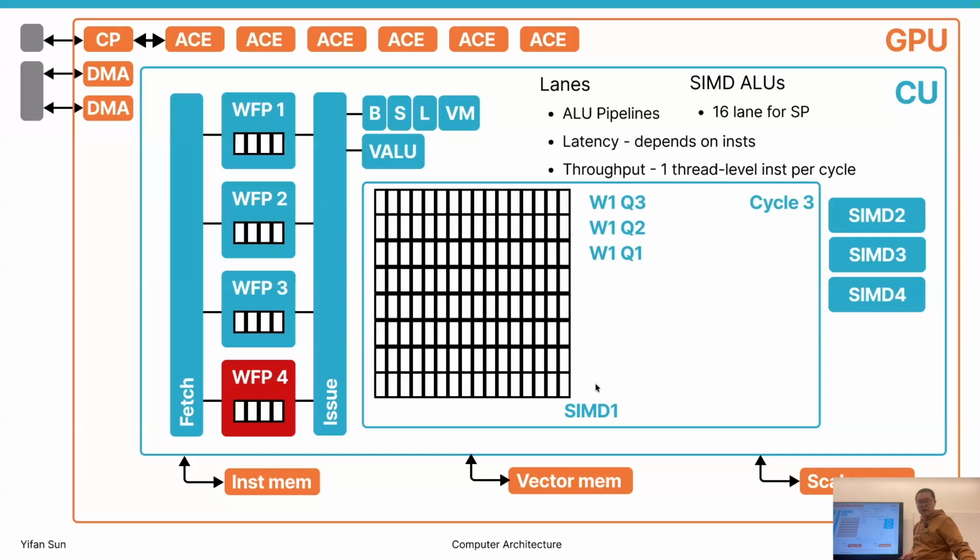Oh, I'm just saying, at cycle 3, wavefront pool 4 is issuing into SIMD4. So there's always a one-to-one mapping.